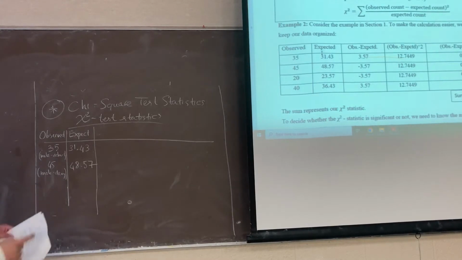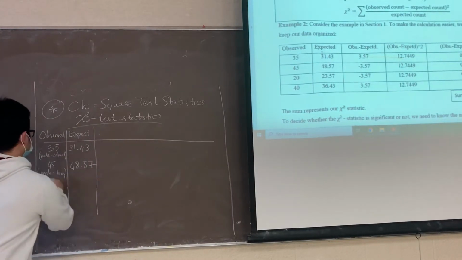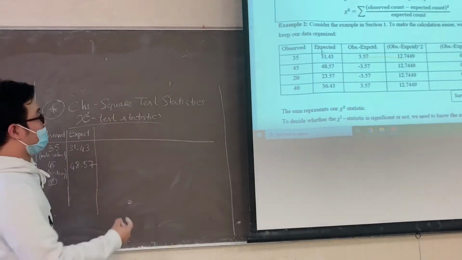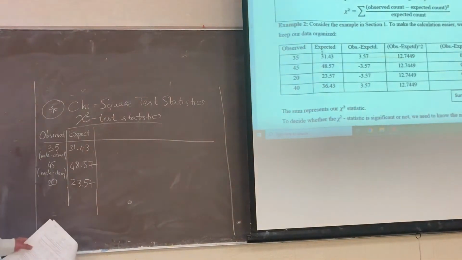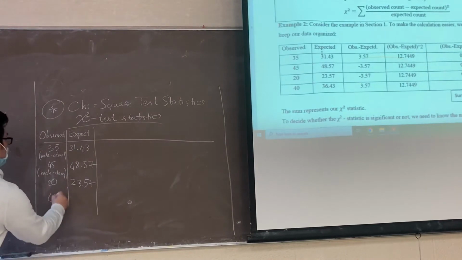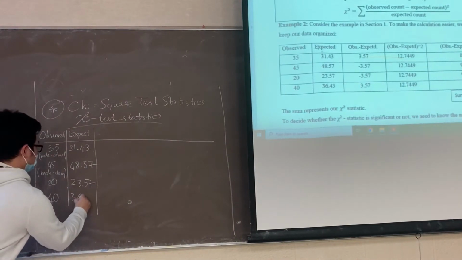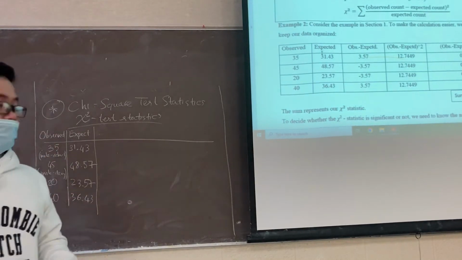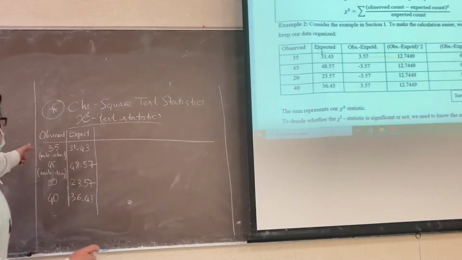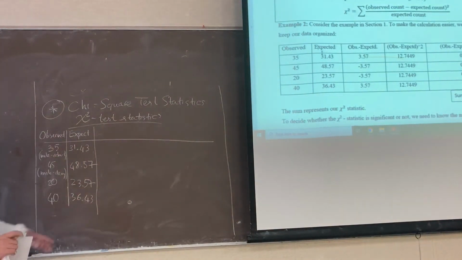Similarly, for the females, the expected counts are 23.57 and 36.43. That's the observed count and expected count. When we calculate, we need to list all the observed counts and expected counts first.